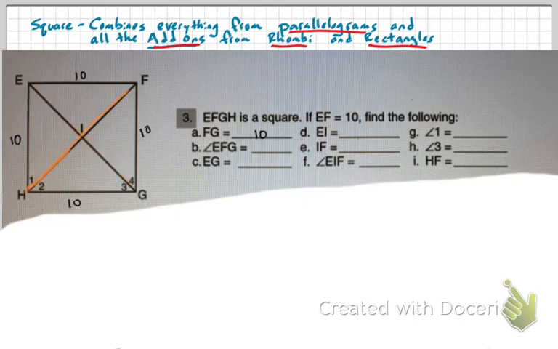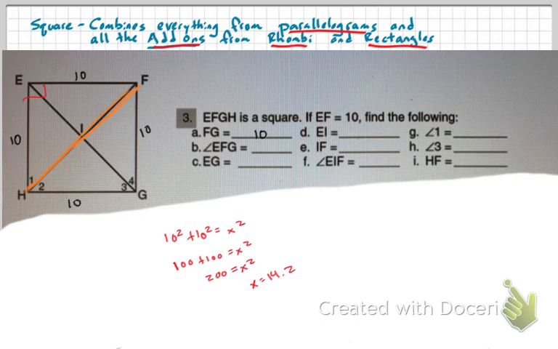Now, if I want to find any of these lengths, so here and here, I need to find this diagonal length. Remember, this is a right angle, so I can use the Pythagorean theorem. 10 squared plus 10 squared equals, we'll just call that x squared. So 100 plus 100 equals x squared. 200 equals x squared. The square root of 200 is 14.2. So one diagonal length of our square is 14.2.